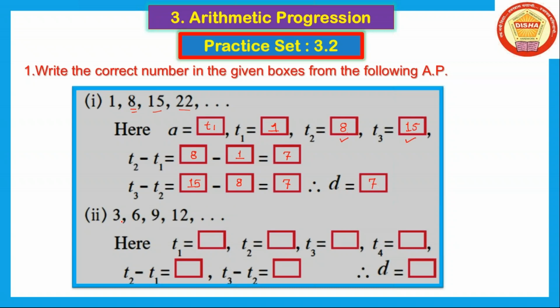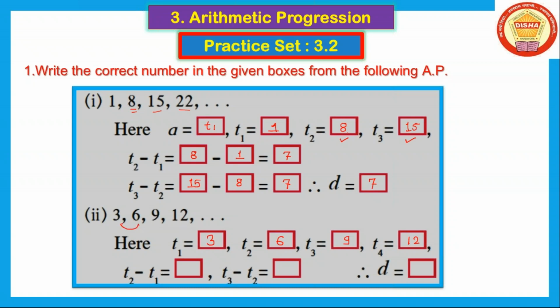See the second arithmetic progression is given here. 3, 6, 9, 12. Again we compare as a T1, T2, T3, T4. T1 is 3, T2 is 6, T3 is 9, and T4 is 12. T2 minus T1, we have to write here directly.